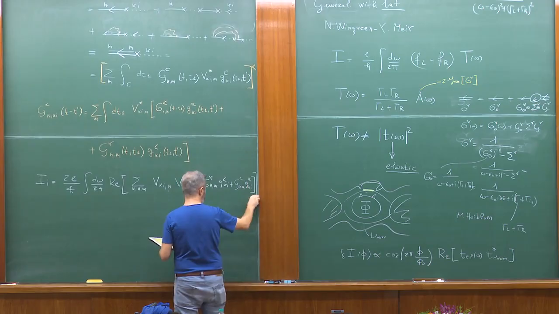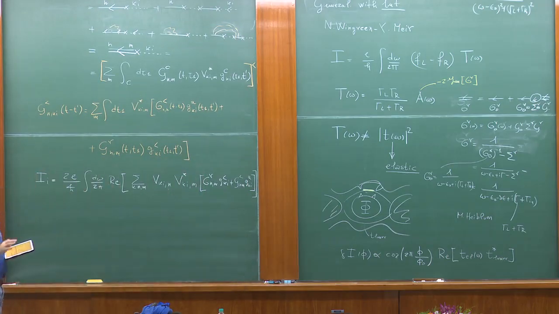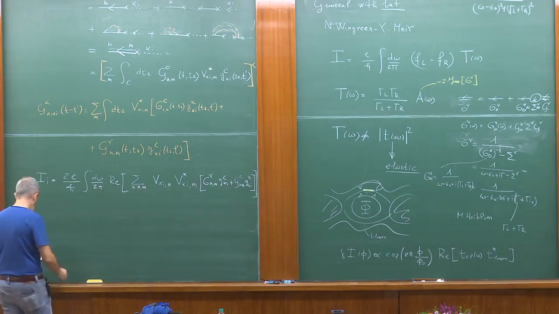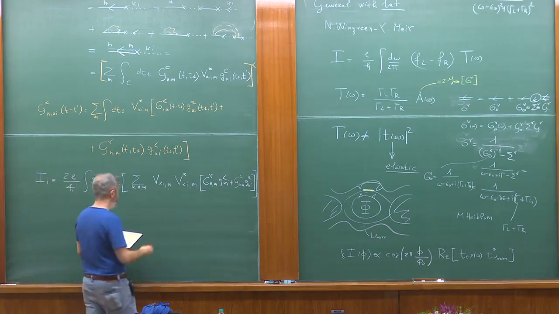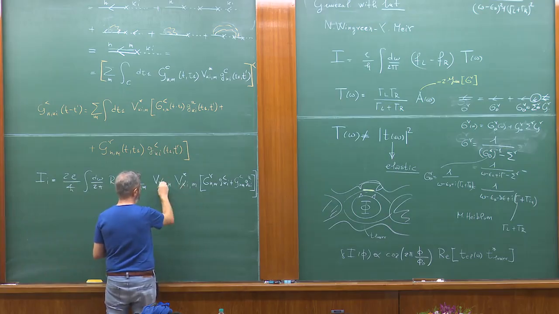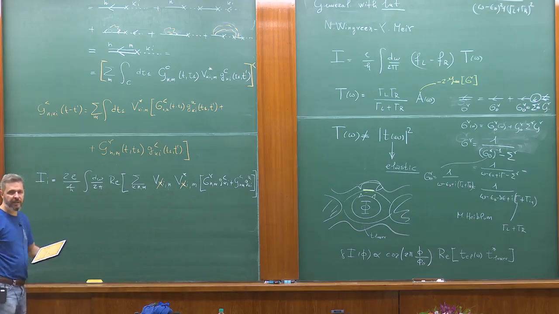Okay, so now I'm going to be as brutal as I can be. I'm going to simplify the calculation a lot for the sake of making it understandable in simple terms. The first thing I will do is, as I did yesterday, forget about the k-dependence of these tunneling matrix elements.